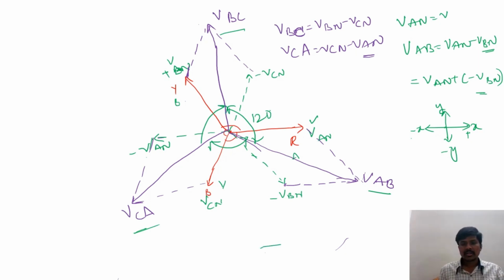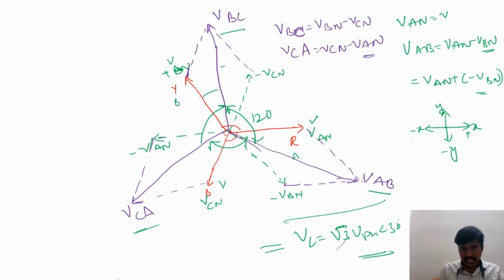So in this way you can conclude for the three-phase AC system with star connection that line voltage is equal to root 3 times phase voltage at an angle of 30 degrees. Here the phase angle is 30 degrees.